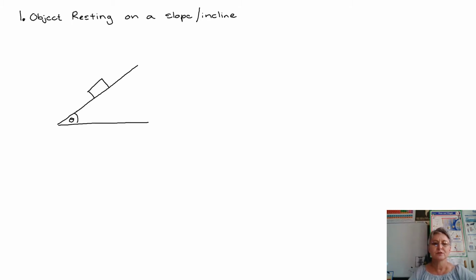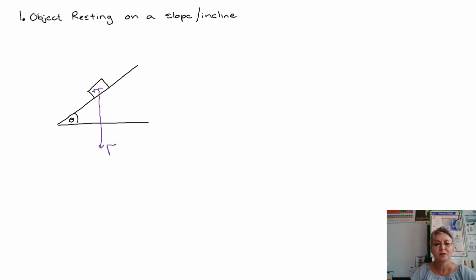The first situation is one where the object is resting on a slope or an incline. If the incline has an angle of theta and the object has a mass m, then the weight of that object will act down, perpendicular to the horizontal plane.